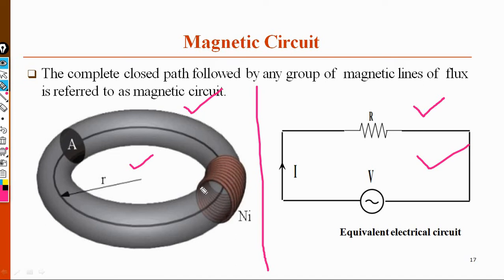This is the cross sectional area of the path, where any type of material may be used. And this is the radius of this circular or closed path. This closed path depends on magnetic lines of flux. That means the closed path of magnetic lines of flux is called a magnetic circuit.